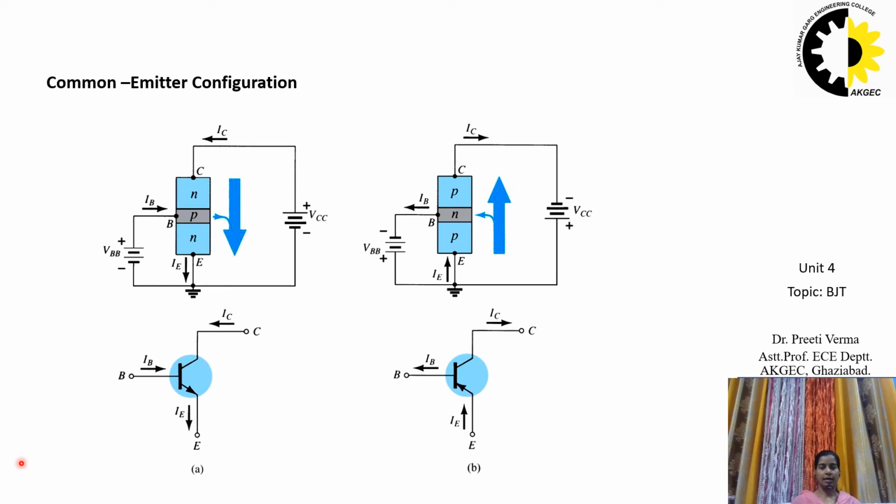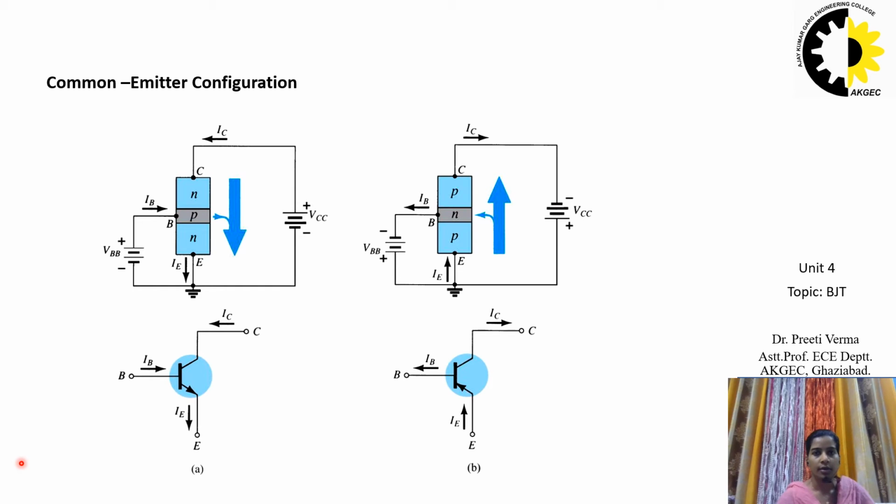The polarity of the battery will be just reverse to that of the NPN transistor, to make the emitter base junction forward biased and the emitter collector junction reverse biased, because at the input side we should have a forward biased junction, and at the output side we need a reverse biased junction to keep the device in the active mode.